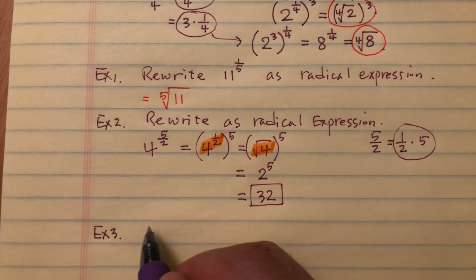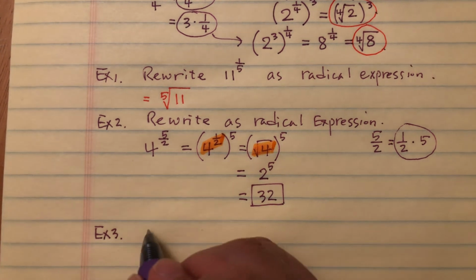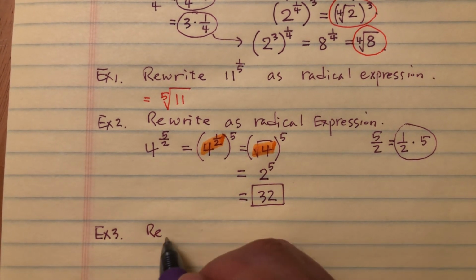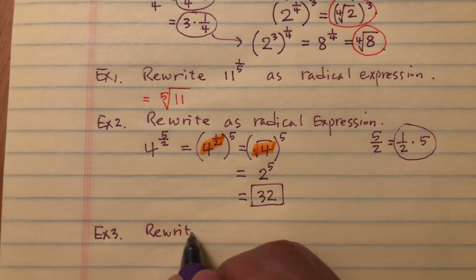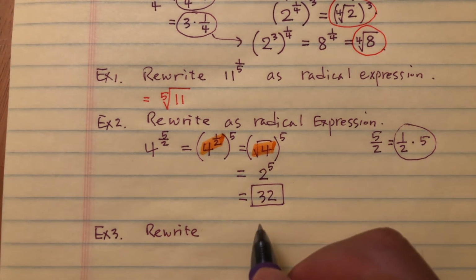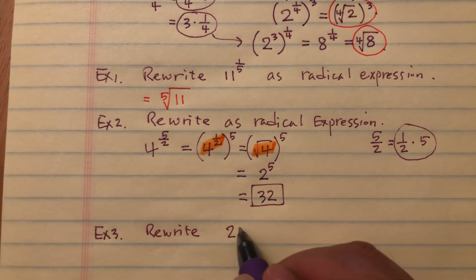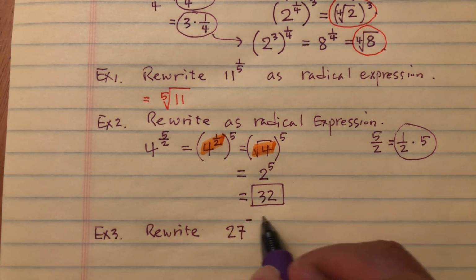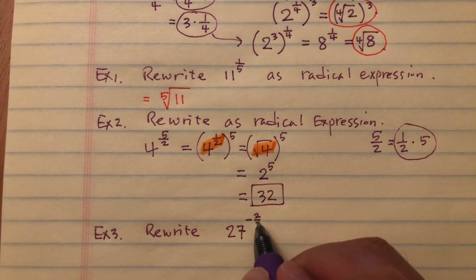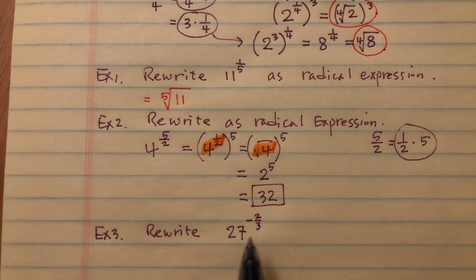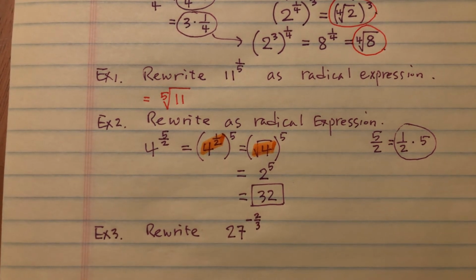Try, what about rewrite again, 27 to the negative 2/3 power. So that's a little different. Then we got to remember how do you handle the negative exponents, right?